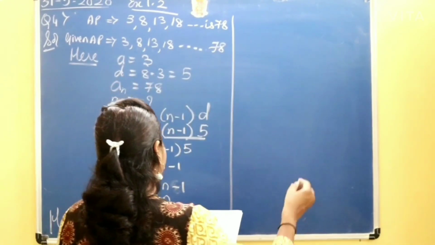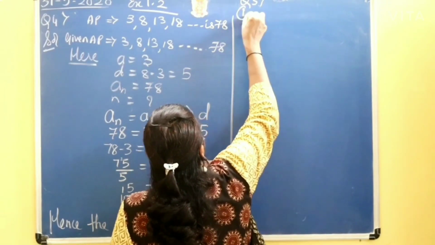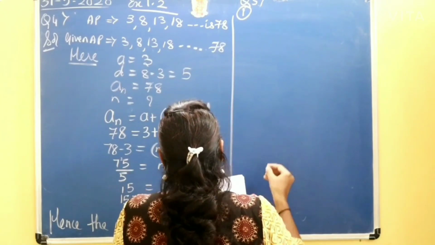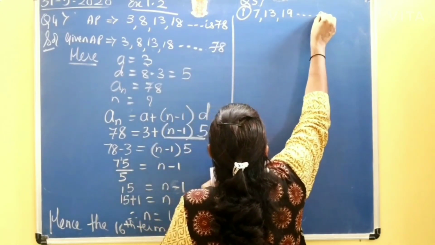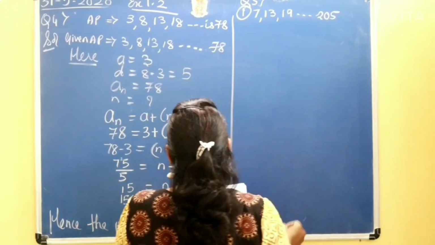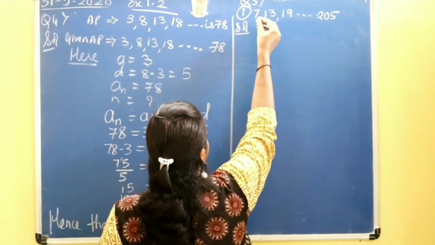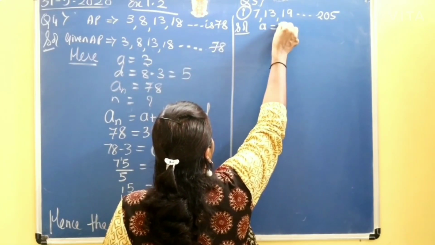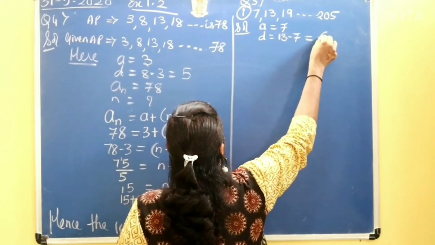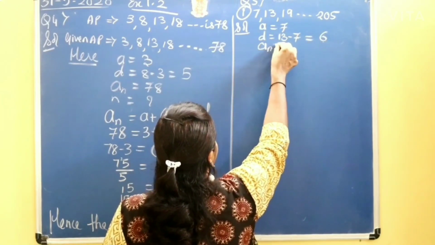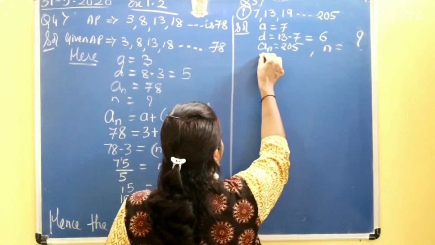Coming to question number 5, there are 2 sums. The first sum, AP is 7, 13, 19 and so on till 205. Here they have asked you to find the number of terms. So we have A is equal to 7, D is equal to 13 minus 7, that is 6, AN is equal to 205, N is not known.